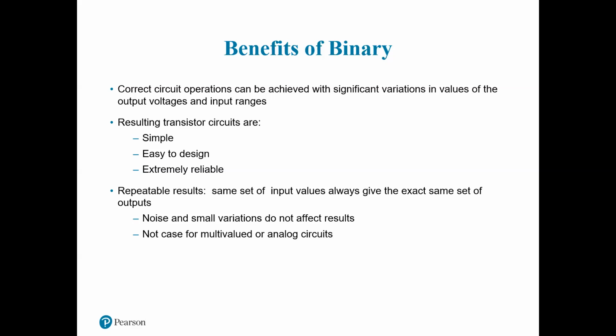The same set of input values always gives the exact same set of outputs. And what are the input values and output values? 0, 1. Noise and small variations do not affect the results. This is not the case for multi-valued or analog circuits, which can have noise, and as they age, there would be more noise.